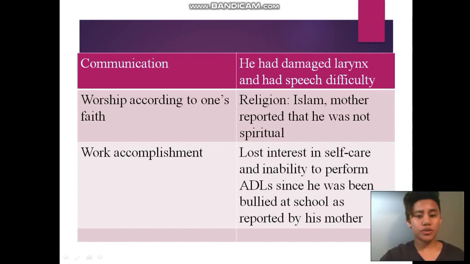On the need to worship according to one's faith, his religion is Islam, and the mother reported that he was not spiritual. On the need for work accomplishments, there was loss of interest in self-care and an inability to perform ADL since he was bullied at school, as reported by his mother.